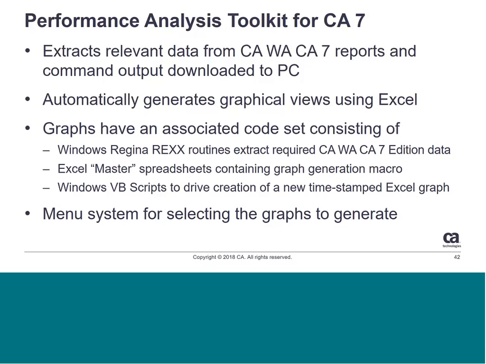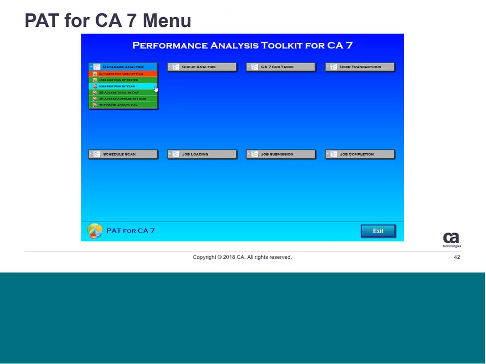So what you've got in that file is the standard CA7 report. It has to be saved with a specific name for that report in the reports directory, and then you select the graph option from the menu like this. Pull down menu for the different areas. We've looked at database analysis and queue analysis so far.